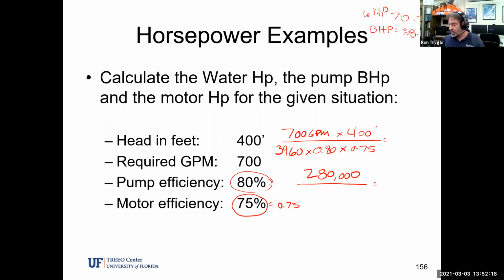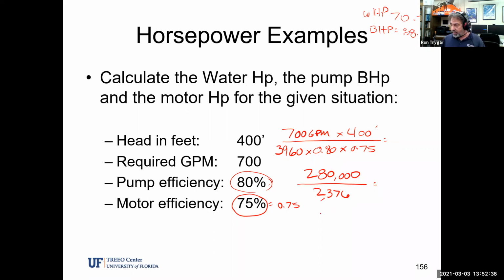Multiplying all those, for the denominator I get 2,376. So that is my new denominator. We can just go ahead and finish out this math. I had 280,000, divided by 2376.